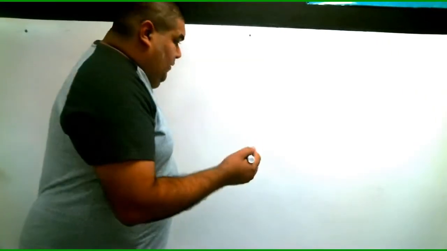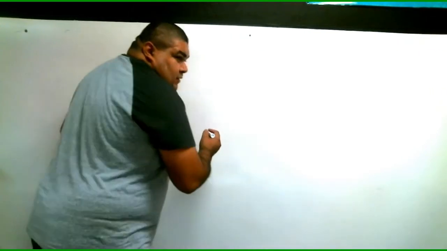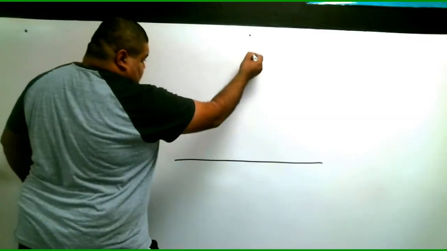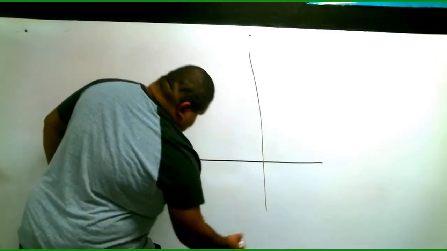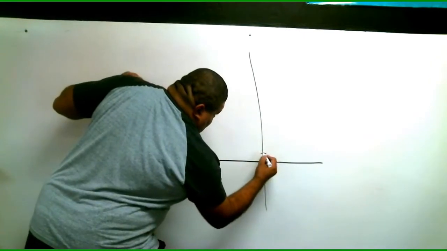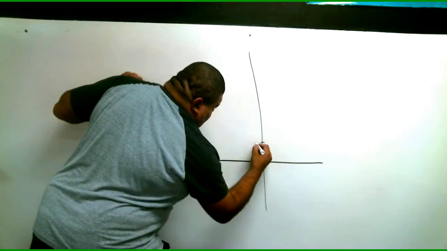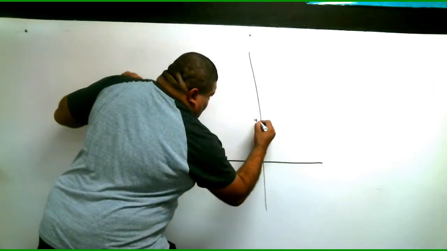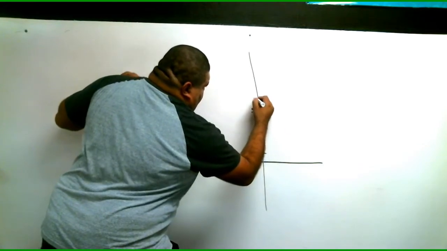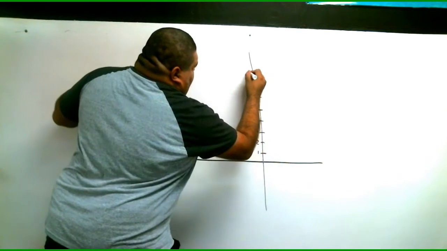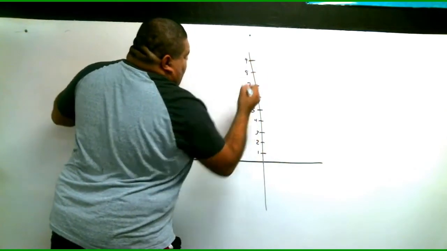So we have our graph, okay? On this graph, we have 1, 2, 3, 4, 5, 6, 7, 8, 9.